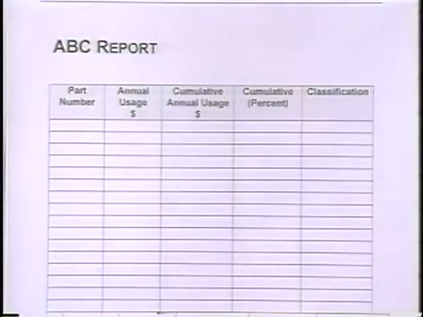Now, if you turn to page 14, you're going to list the 12 part numbers, highest annual usage at the top to the lowest annual usage at the bottom.